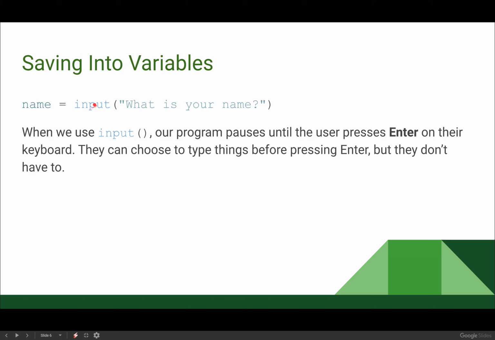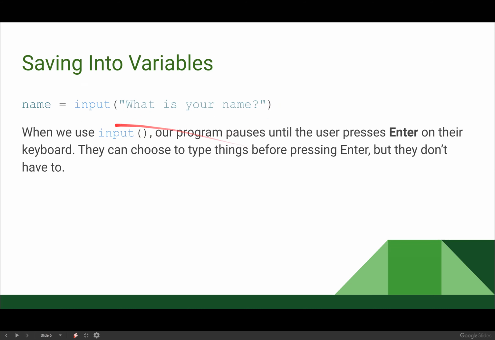So when I run this program, my output console will show me "What is your name?" and it will pause the program until the user presses enter on their keyboard, until they send the message into the input function. So they can choose to type things on their keyboard before they press enter, but they don't have to type anything in. So keep in mind, the user could just type in nothing.